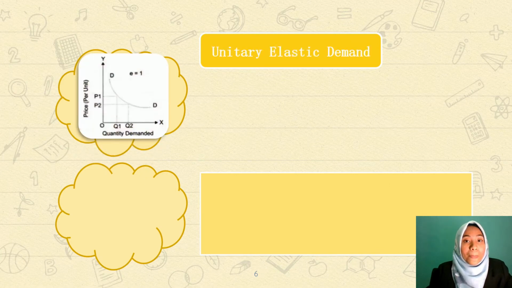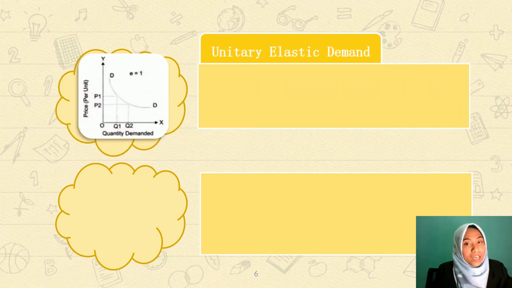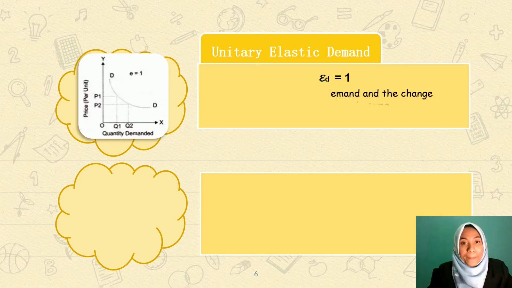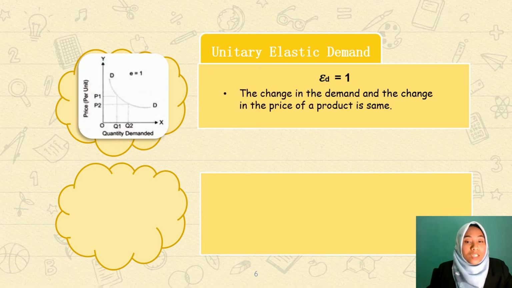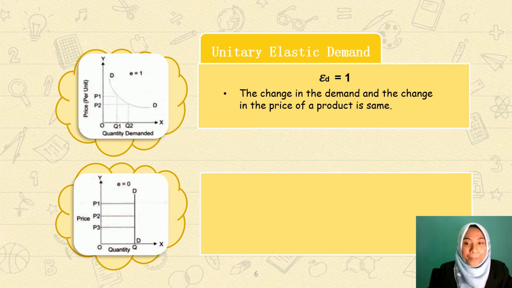Third, unitary elastic demand. The keyword is the numerical value of elasticity of demand is equal to 1. It means the change in the demand and the change in the price of a product are the same.